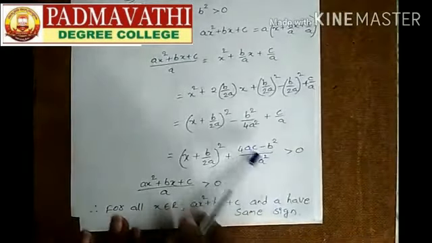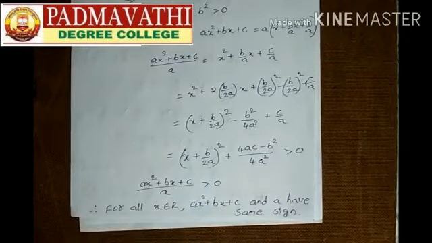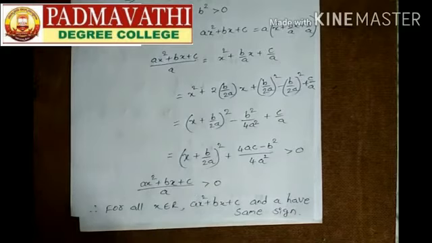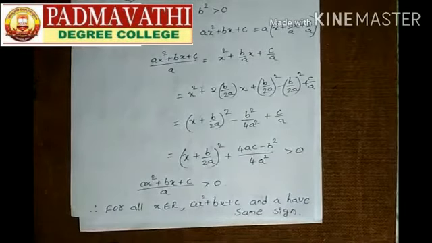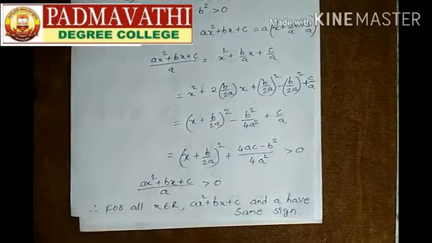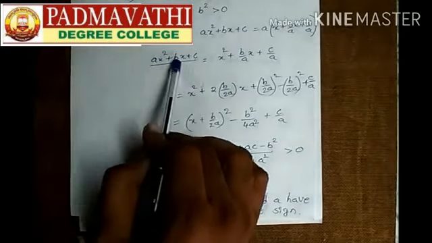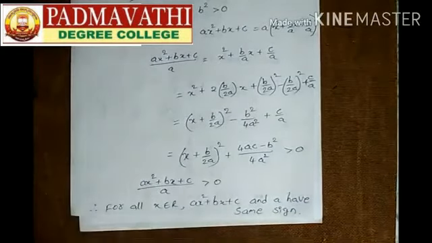So numerator and denominator are both positive, meaning this entire term 4ac minus b square by 4a square is a positive term. So these two terms are positive, and the sum of these two terms is also a positive number. So we can write ax square plus bx plus c by a is greater than 0. The expression value, when divided by a, is always greater than 0.